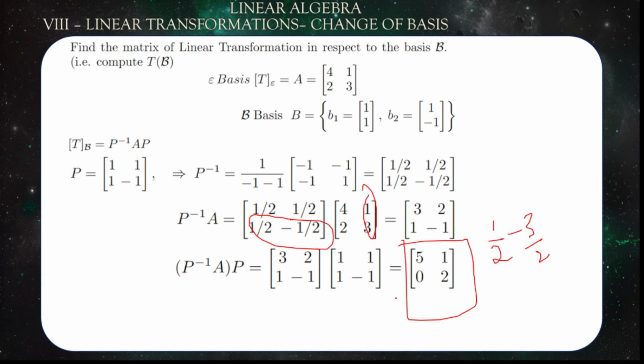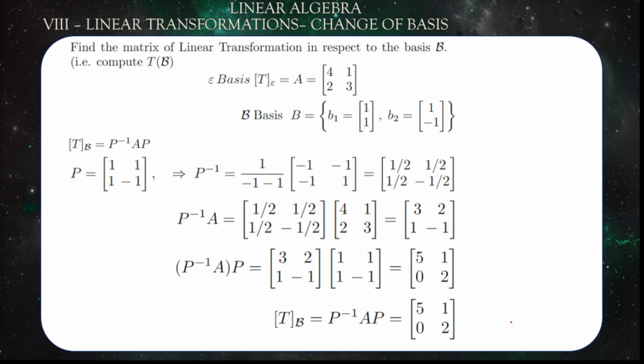This is what the matrix would look like in the new coordinate system. So, the transform of A into the B coordinate system gives us P minus 1 multiplied by AP equal to 5, 1, 0, 2. That's the final answer.